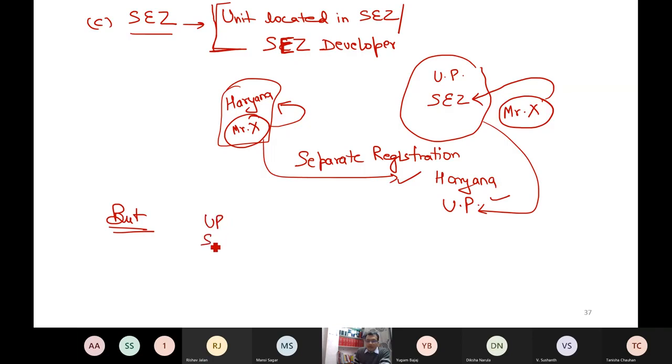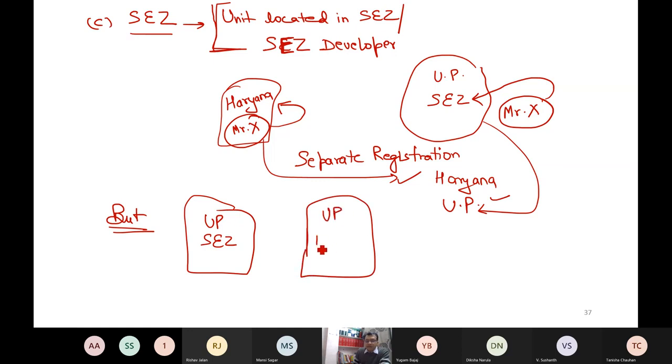But now let me assume that in UP I have a factory in a special economic zone, and within UP I have another factory in a non-special economic zone. So I have one factory here and one factory here. Now I will apply this point. The Act says that though it is the same state, and logically for the same state you could have a single registration, if within the same state you have one unit in a special economic zone, then you need separate registration.